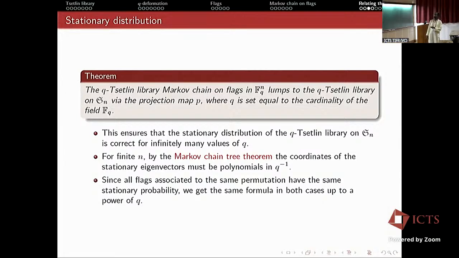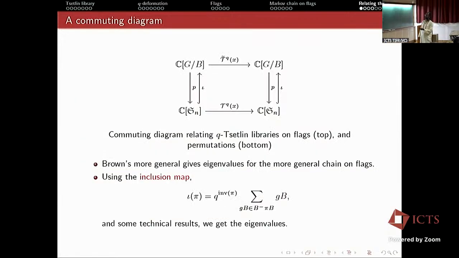No, this is for the stationary distribution. The eigenvalues I mentioned earlier, so here we use this inclusion. I'm not getting into the details, it's a bit technical. But we need an explicit map like this. In general, if you just have this projection, you don't have control on the multiplicity.